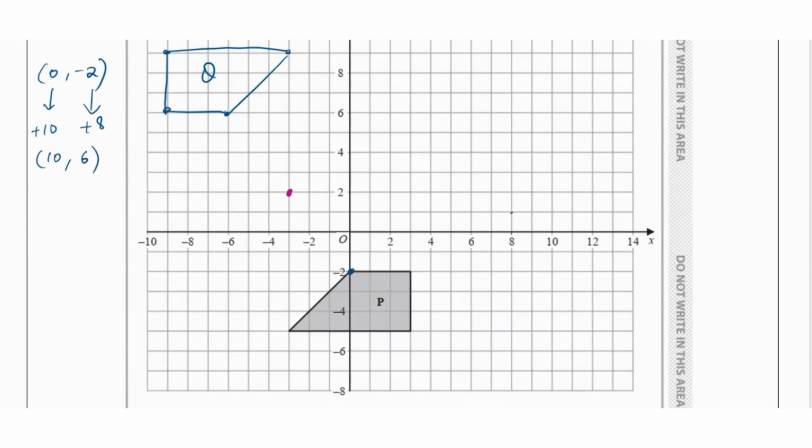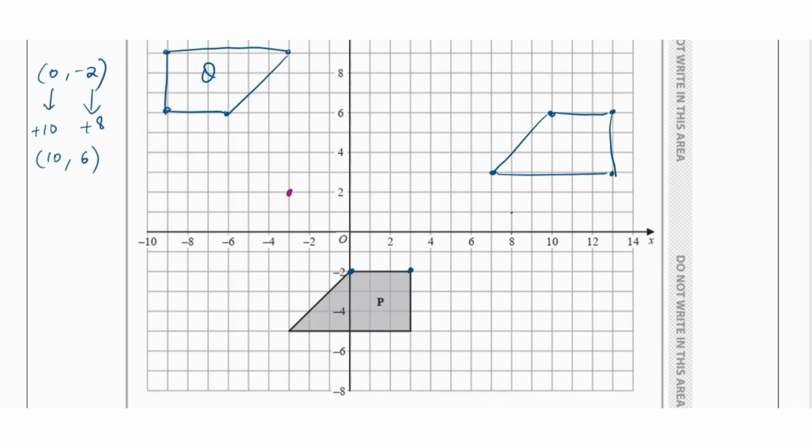So this point is going to come at (10, 6), which is over here, which means this point will be 3 units to the right over here. Then this is 3 units down, and this one is 6 units from this. So 1, 2, 3, 4, 5, 6. So this is our translated shape.